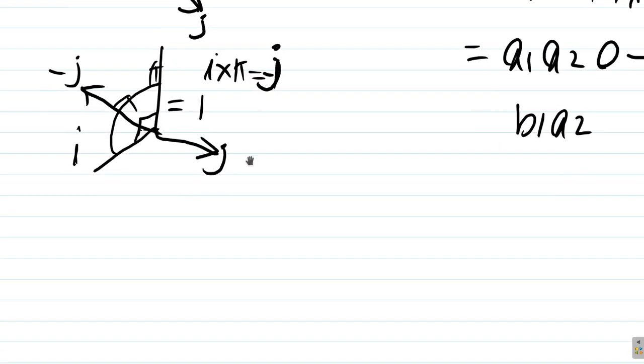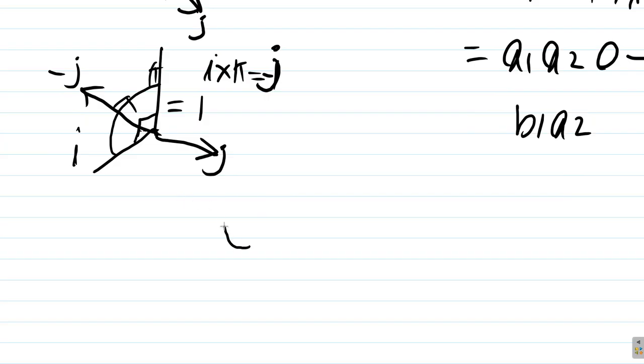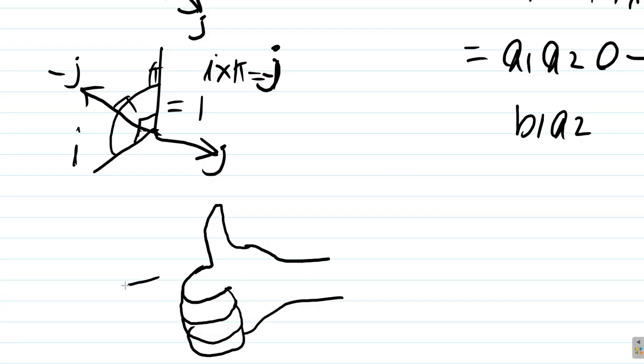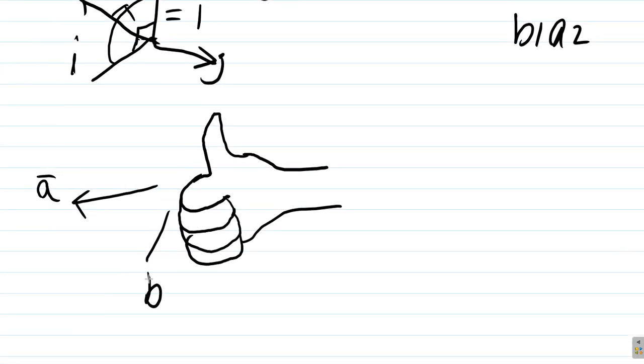Remember now, if you have, for example, your thumb pointing up here, and then you swing your fingers, you curl your fingers in the direction from, say, if you're finding A cross B, oh boy, A cross B going this way, your thumb would be pointing in the direction A cross B. Alright? Something like that.